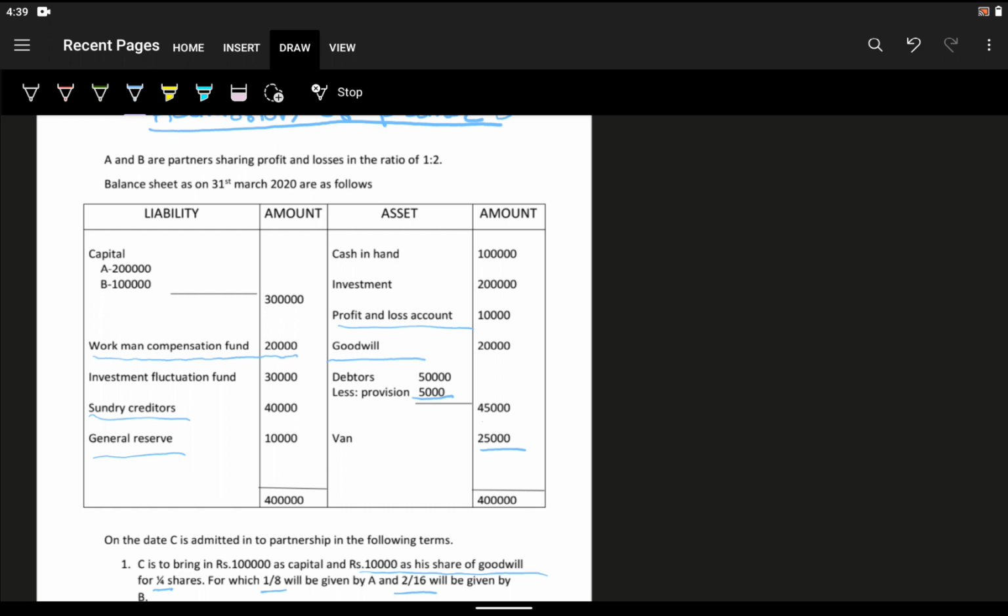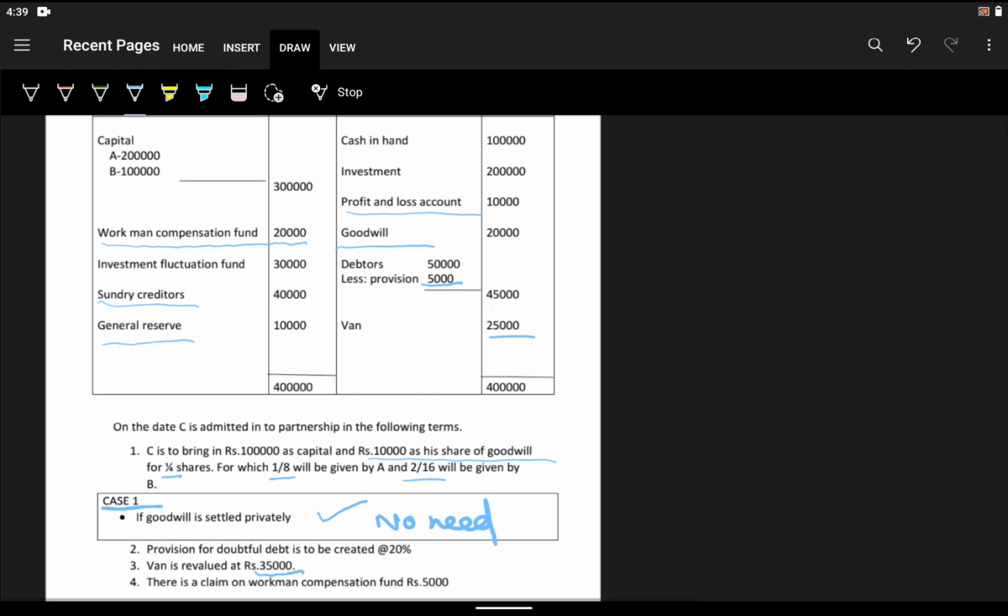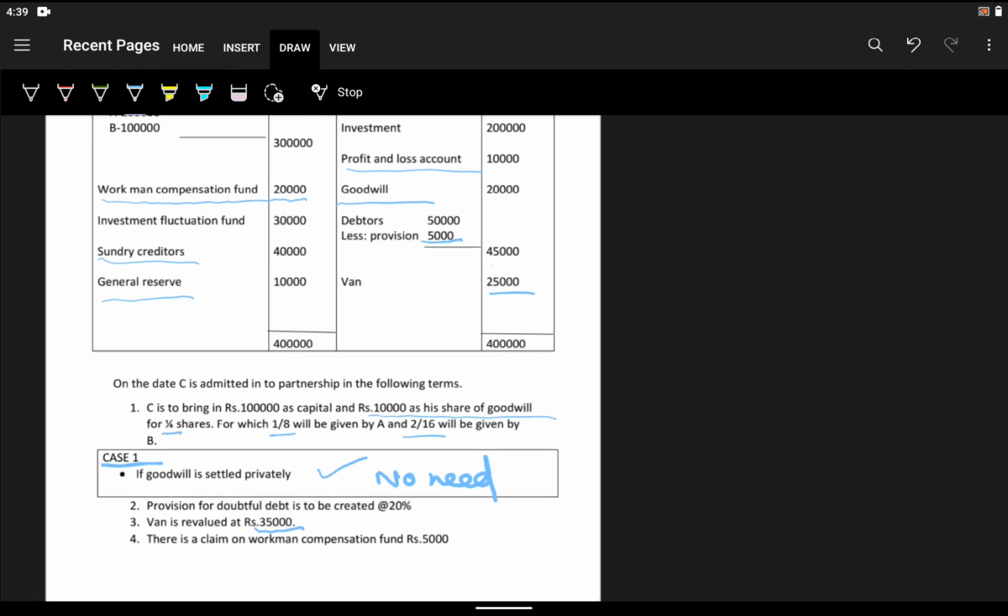These all are distributed through capital to all the partners in their profit sharing ratio. If there is no claim, we will directly distribute the complete amount to the partners in their profit sharing ratio.